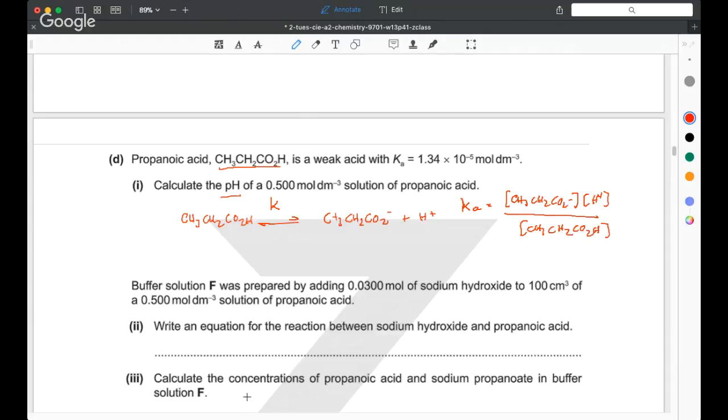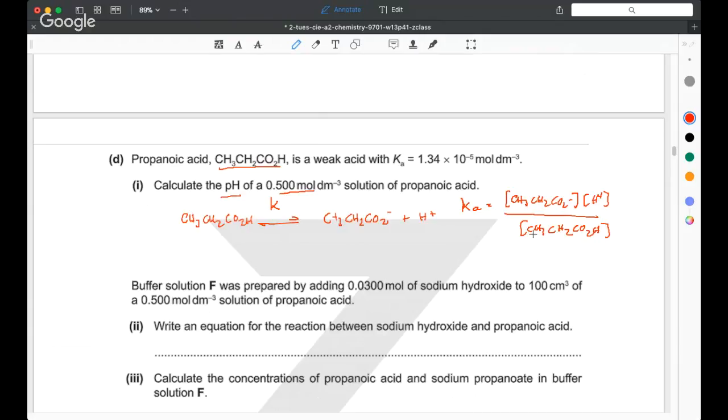Now, in some questions, they haven't done it here, they ask you what assumption you are making in doing this calculation, because if we weren't watching very carefully, these are all equilibrium concentrations, but we only have an initial concentration for the propanoic acid. We don't actually know its equilibrium concentration.